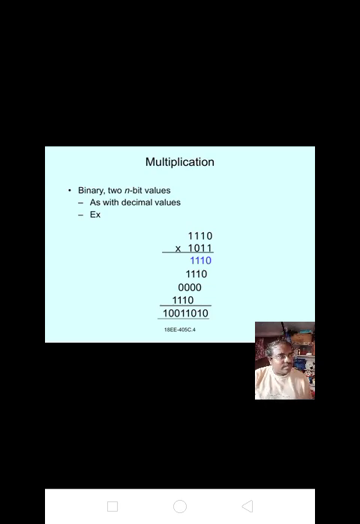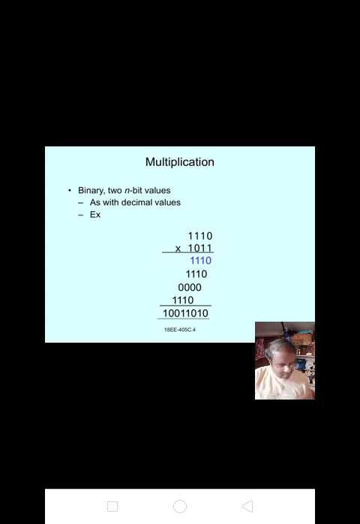The answer is 110. Here the code is 4 2 1.